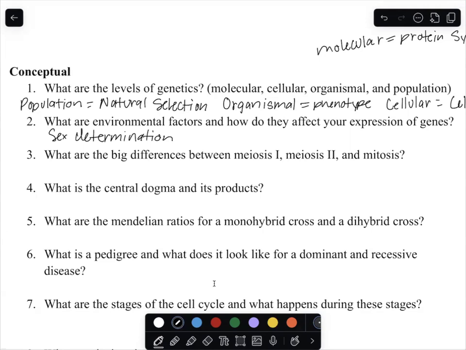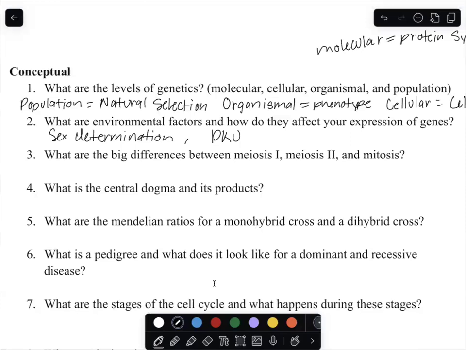And then we have PKU, which I think is when you can't eat a certain chemical and you're screened for it as a baby when you're born to see if you have that disease.